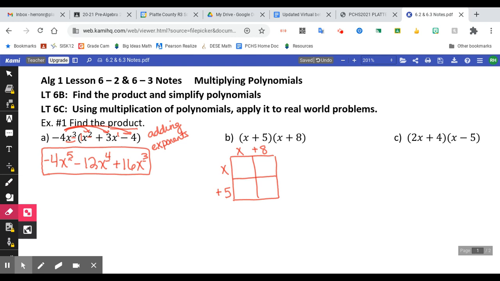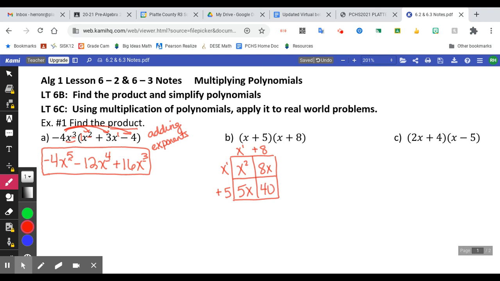Okay, so if I had x to the first times x to the first, remember I'm adding, so this would be x squared. And then if I move over, x to the first times 8 would be 8x. Then x times 5 would be 5x. And then 5 times 8 would be 40. Okay, now I have to look inside the box to be able to combine like terms.